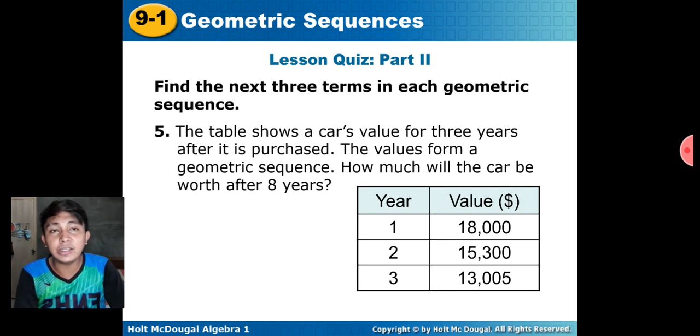The first term is 18. What you are going to find first is the ratio. After 8 years, magkano na kaya yung halaga ng sasakyan? I-check nyo na lang kung tama ang pagsagot nyo. The answer should be $5,570.39.